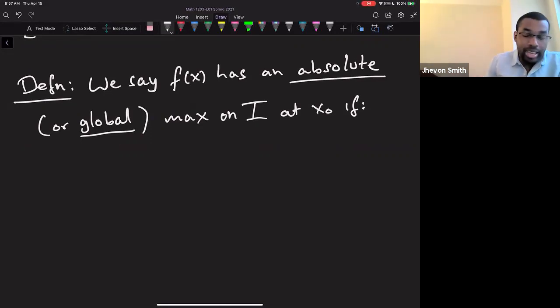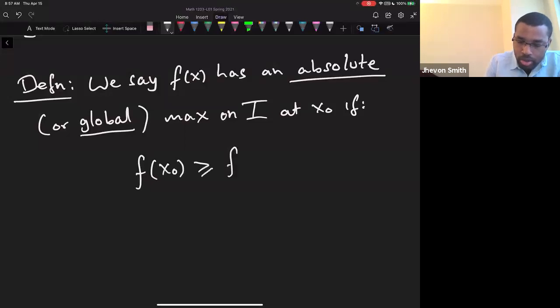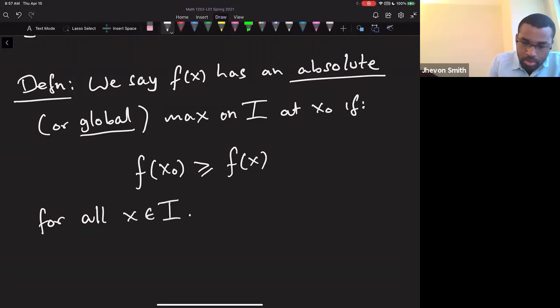And what we are saying when we say that is that the output at that value is greater than or equal to the output of every other value in the interval, right? So that's the absolute maximum. That's the biggest it can get, on a global scale.